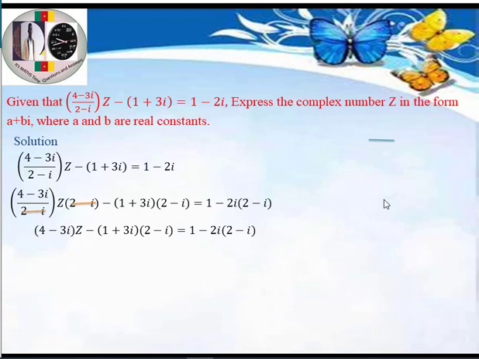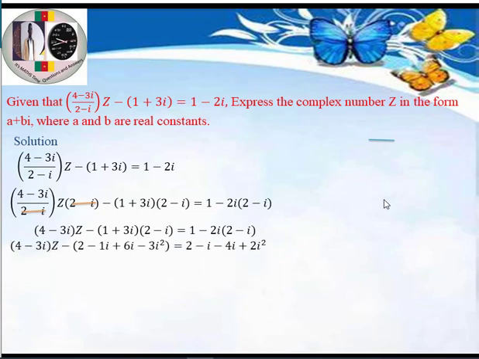What we need to do here is simply open up the brackets. I won't open up the bracket for 4 - 3i because we want to make z the subject of the formula. At one point we'll divide both sides by 4 - 3i, so we'll open every other bracket except that one.